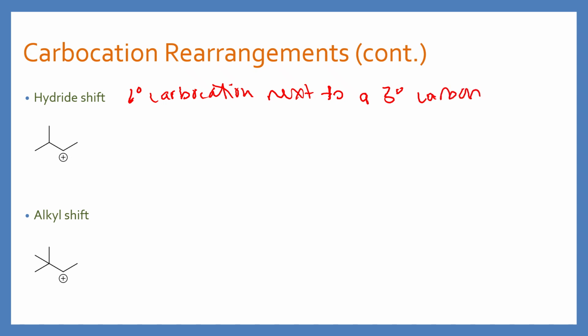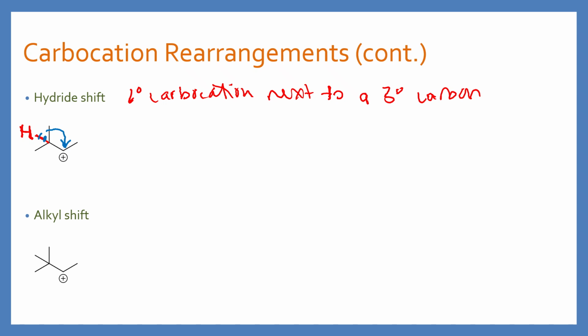The reason that this happens the way it does is that this tertiary carbon has a hydrogen atom on it. And we are going to take this hydrogen atom along with the 2 electrons in the covalent bond, and we are going to essentially slide it over to this carbon. So this hydrogen and the bond that's on are just sliding over to the neighboring carbocation carbon.